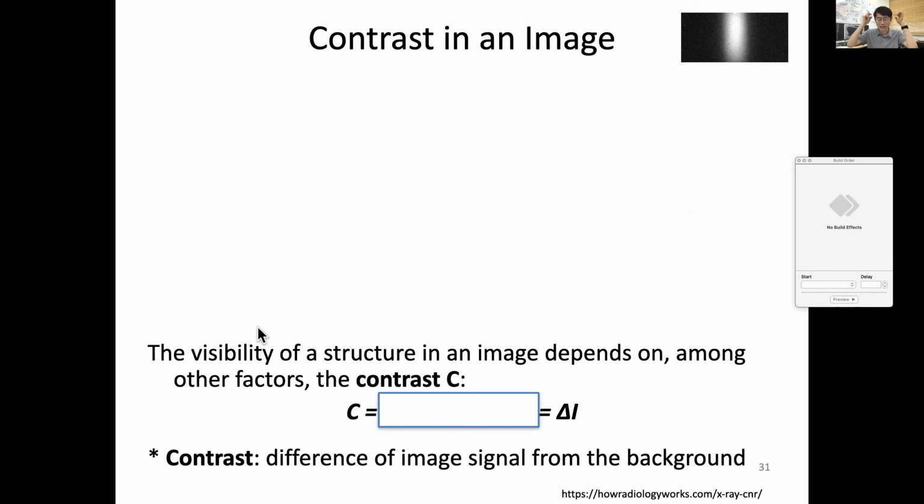That's the key concept. When you talk about an image, how do I know some object is here? Because the information here stands out from the background. If they are both very bright, then we may not be able to see this one clearly. So contrast is everything in an image, okay?